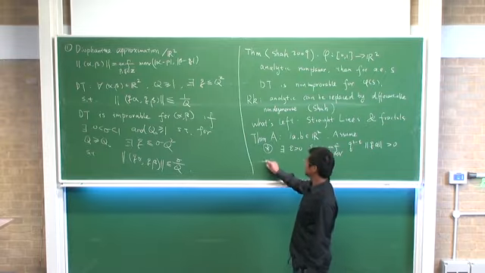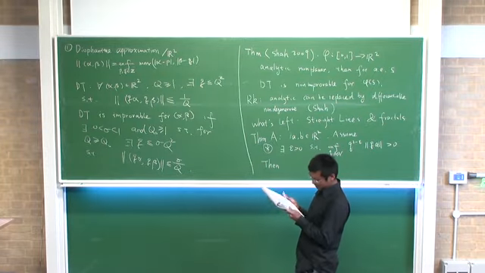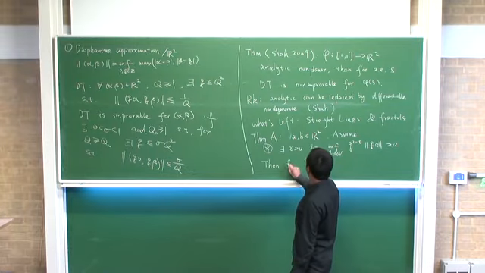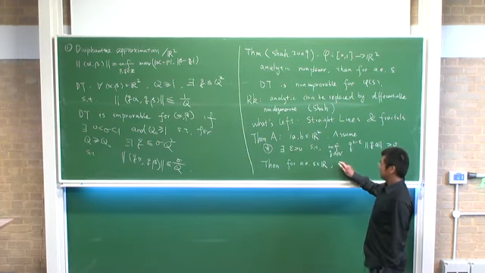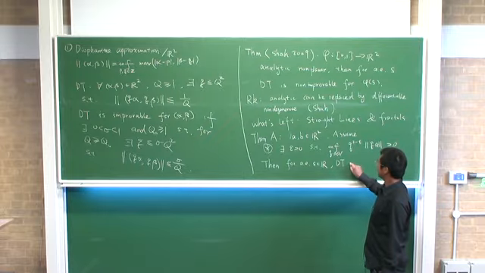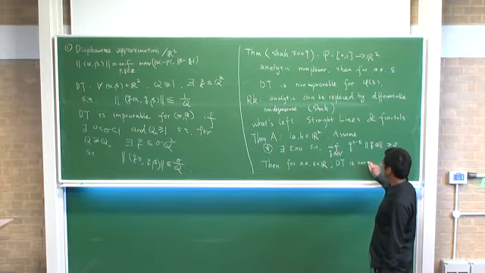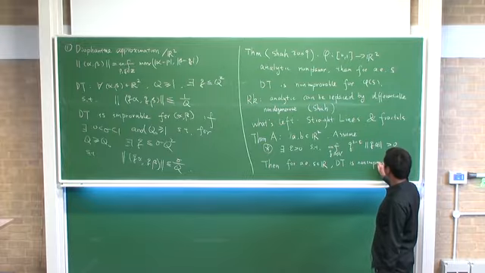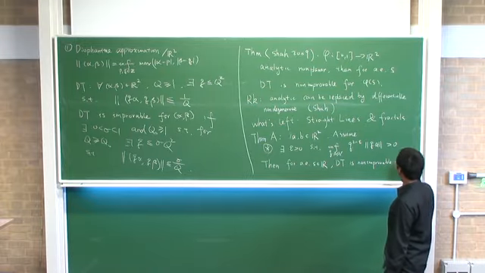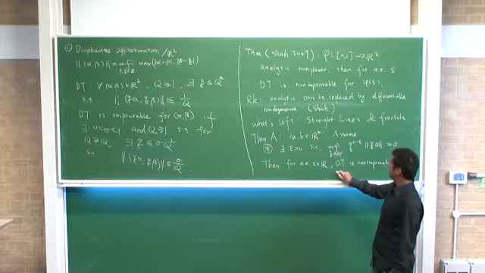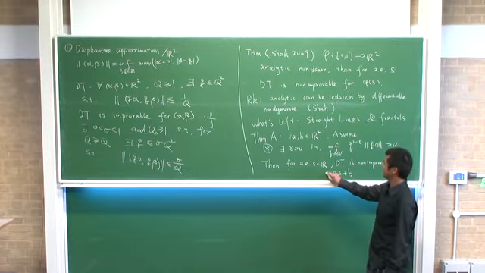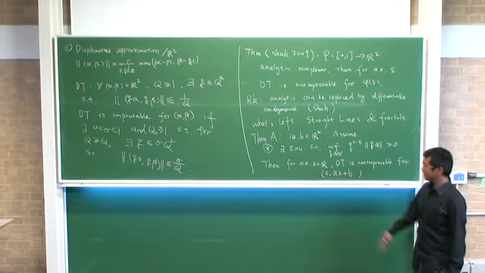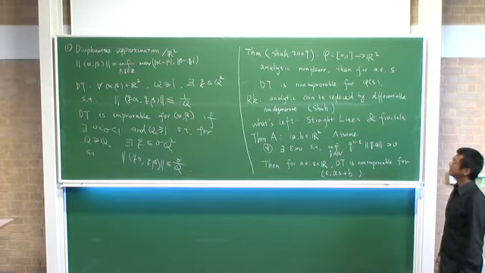Then the conclusion is, for almost every s in real numbers, Dirichlet's theorem is non-improvable for (a s plus b, s). This is the straight line.